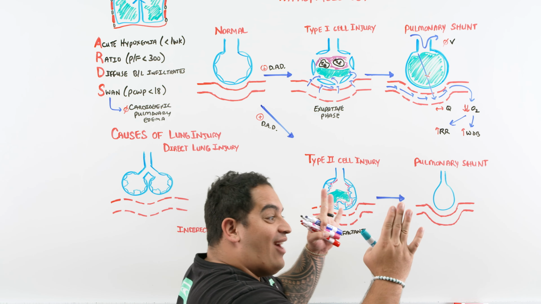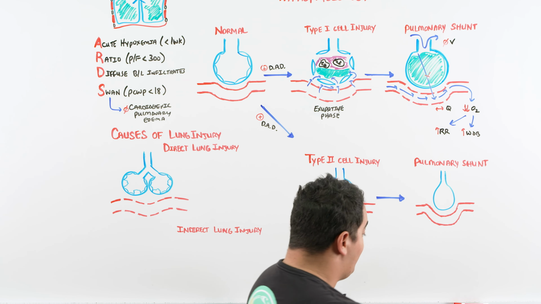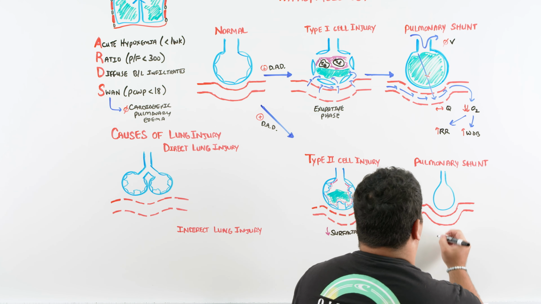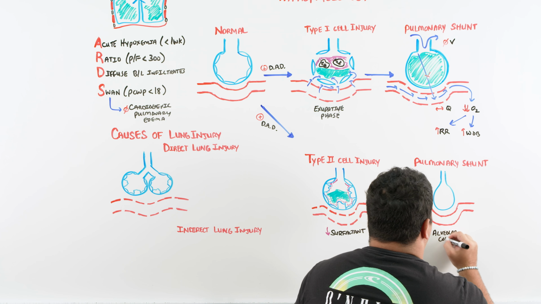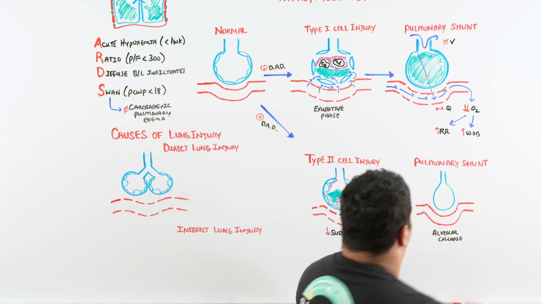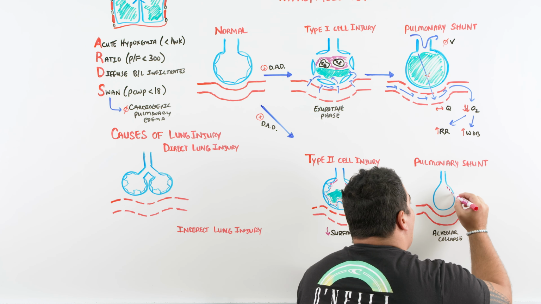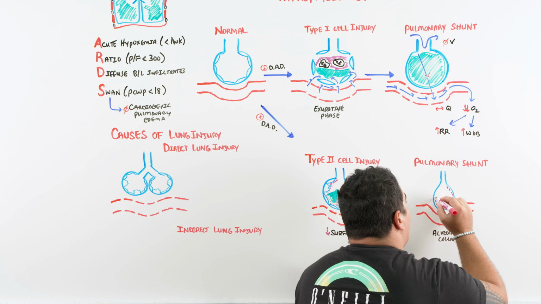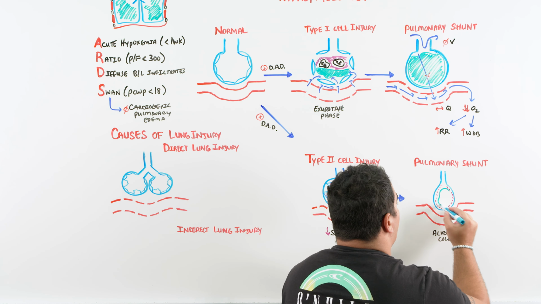What's going to happen is the alveoli will start to collapse because the surface tension rises. And then you're going to get here an example of a pulmonary shunt because what? You're going to have alveolar collapse. And now you're going to have this problem where the alveoli can't stay open because the surfactant is pretty much lost and it's going to be filled with a bunch of fluid.